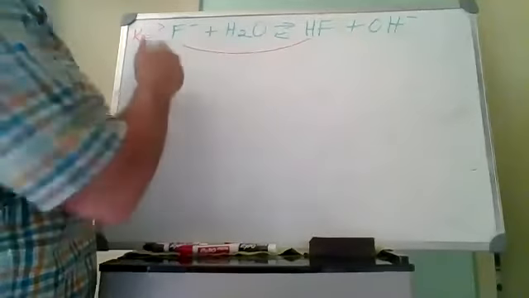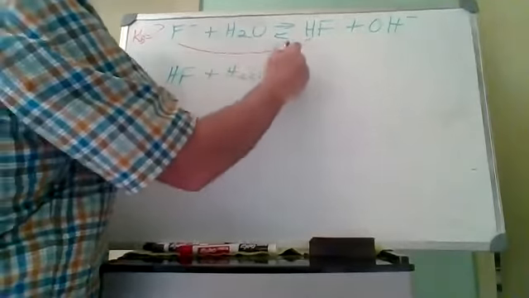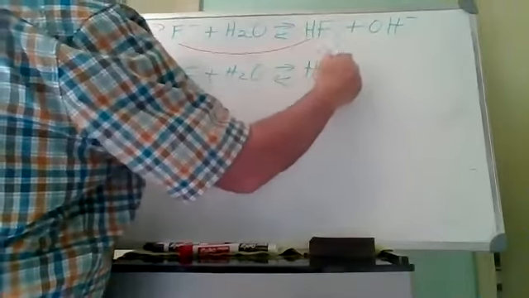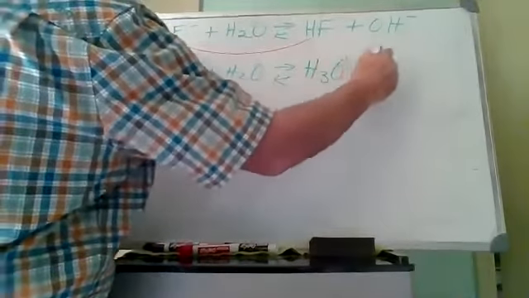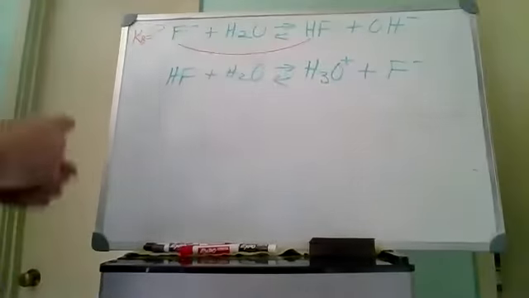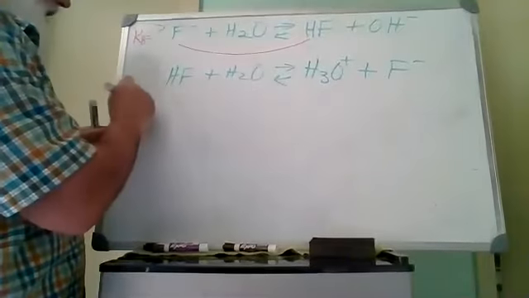And we can write HF plus H2O gives me, it's a weak acid, hydronium ion plus F minus. Now I do know the Ka for this. I can look that up.